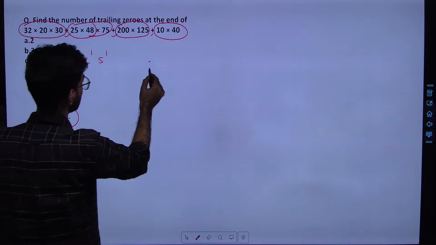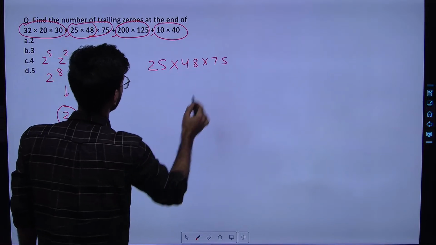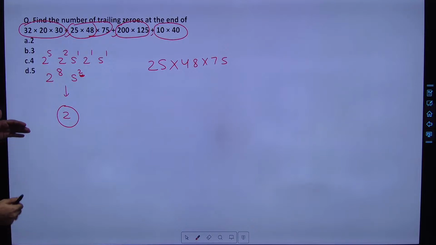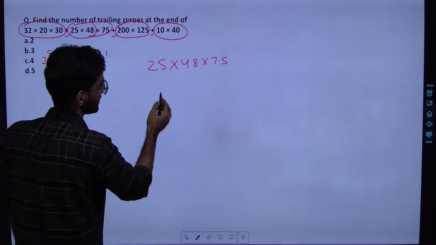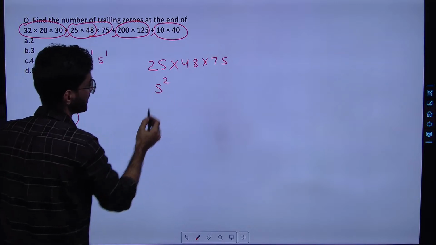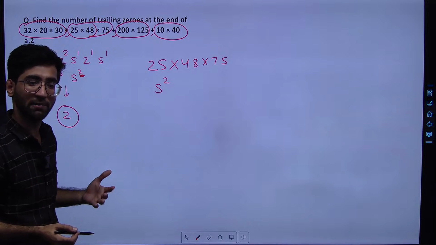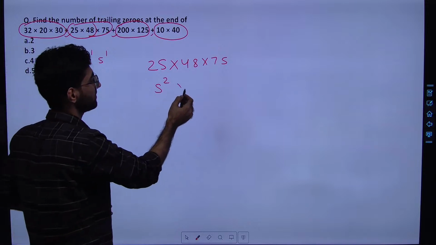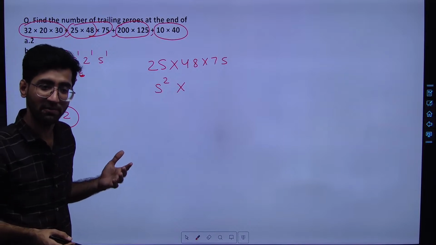Let us look at this part. 25 into 48 into 75, right? I will share that trick in the end. So in 25 there is 5 to the power 2, right? In 48, 48 is basically 2 to the power 4 into 3 to the power 1, right?